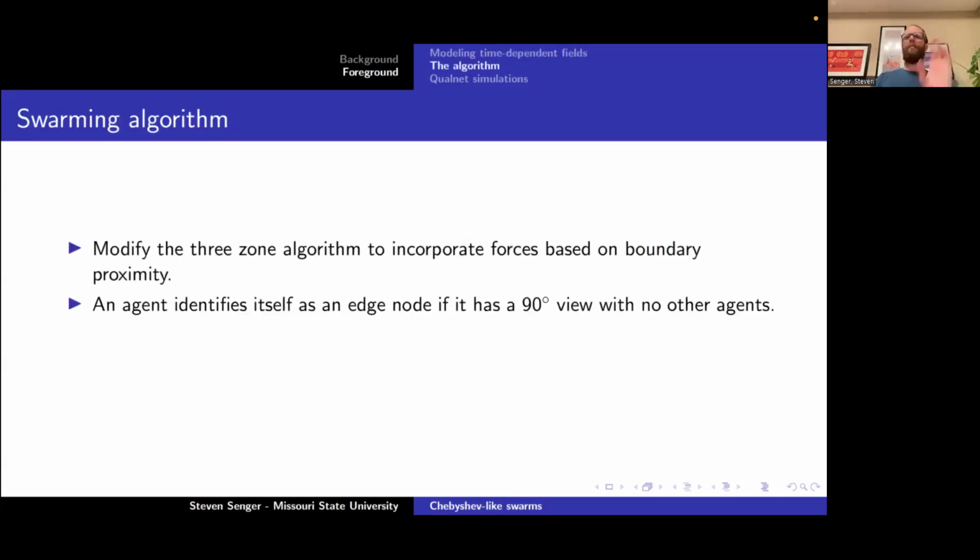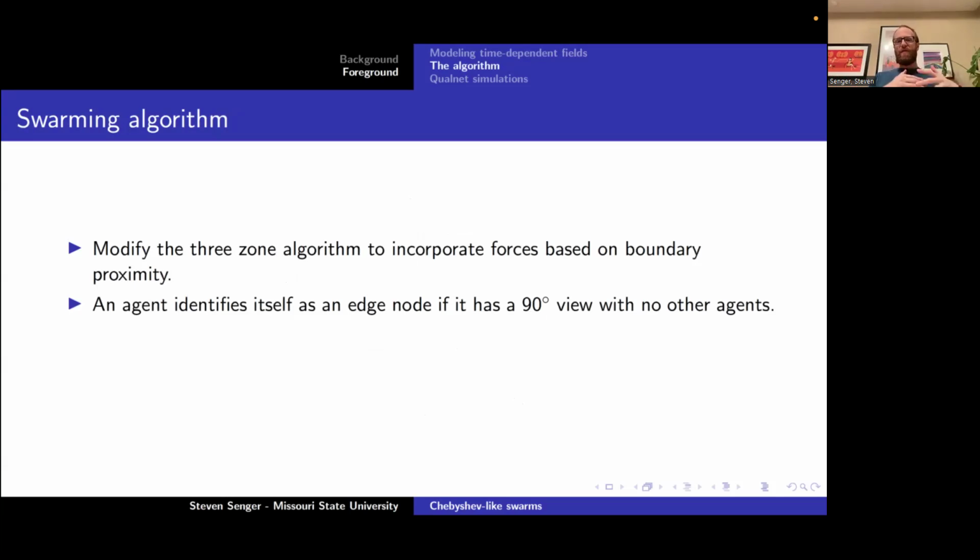Okay, so how does it know when it's on the boundary? What we're going to do is add in a force that it's going to want to go towards higher field values. Again, if we continue with the temperature analogy, we want it to stay closer to higher temperature.